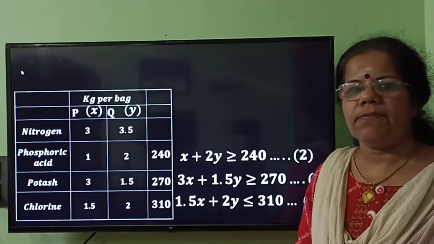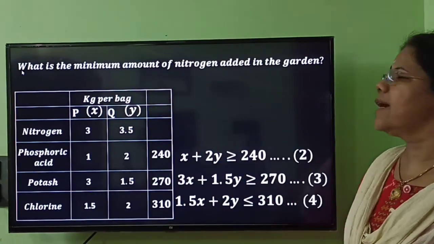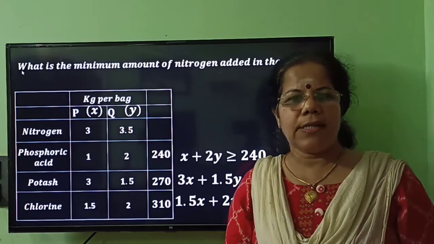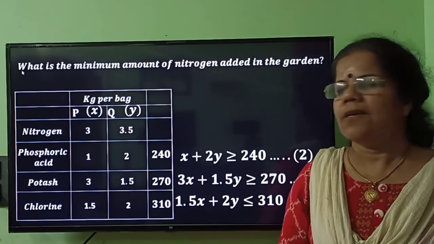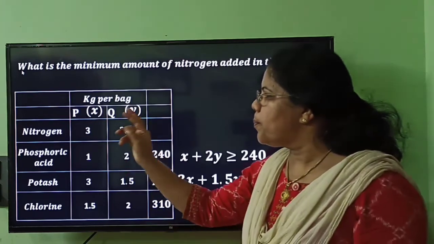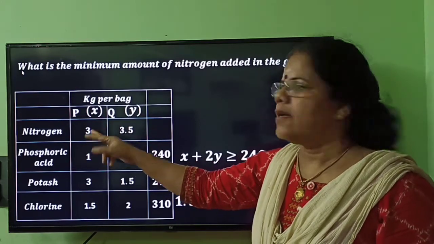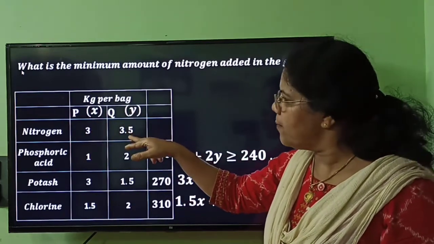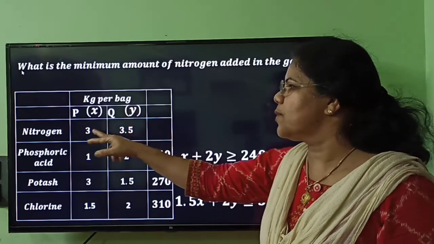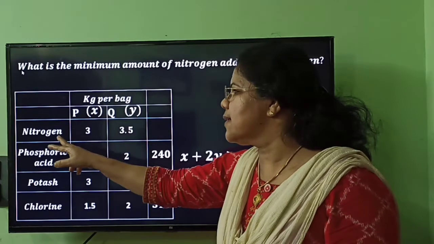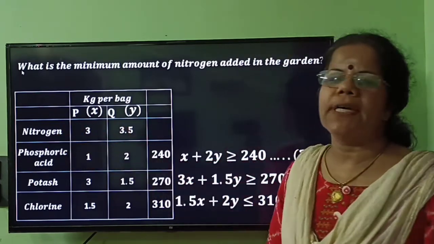Now what is the next step? We have to find the minimum amount of nitrogen added in the garden. So the function to be minimized is the amount of nitrogen. What is the amount of nitrogen? Per bag 3 kilograms, so for x bags 3x. Per bag 3.5 kilograms, so for y bags 3.5y. So the total amount of nitrogen present in the mixture is 3x plus 3.5y.